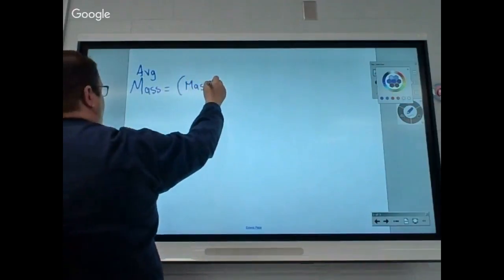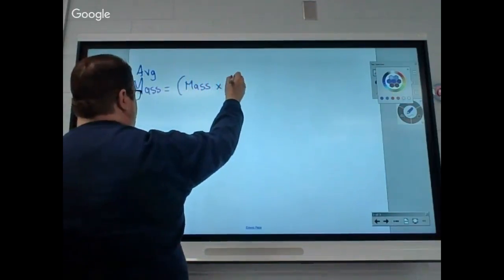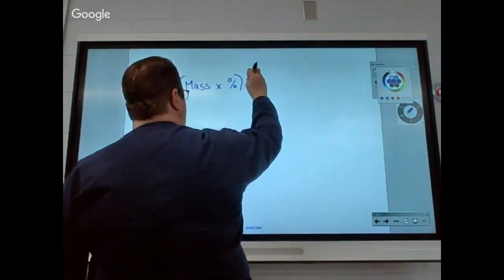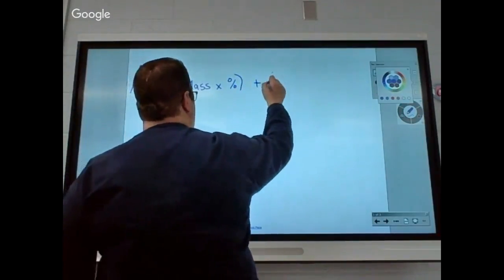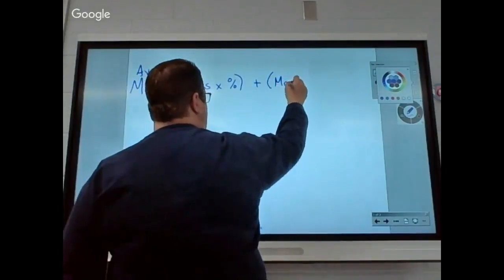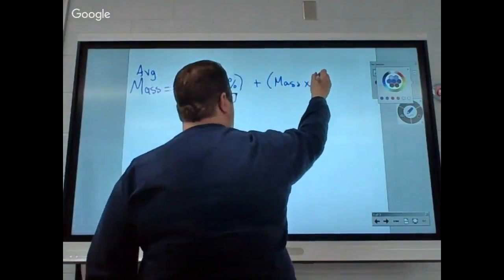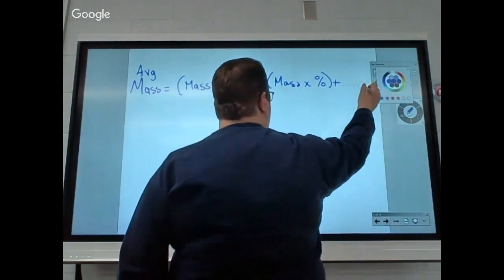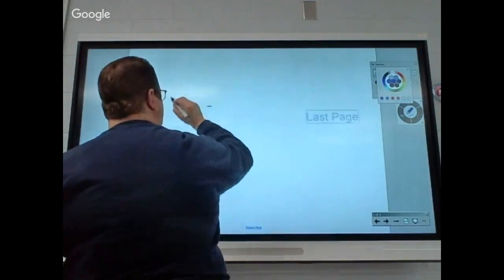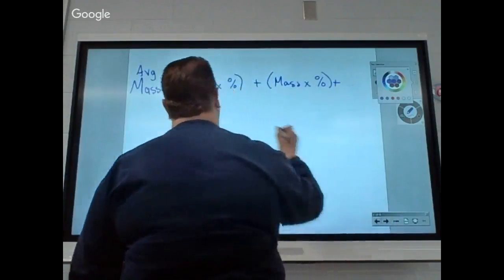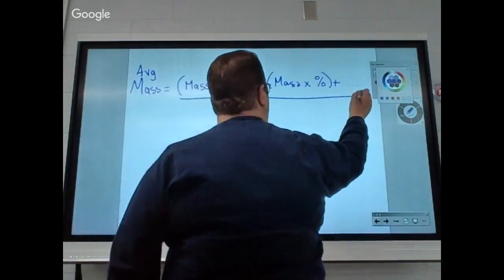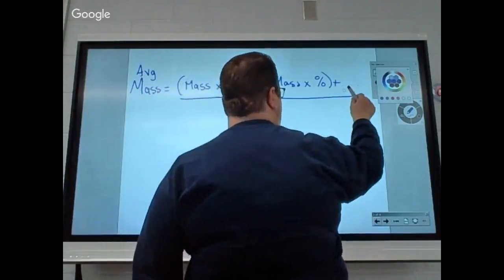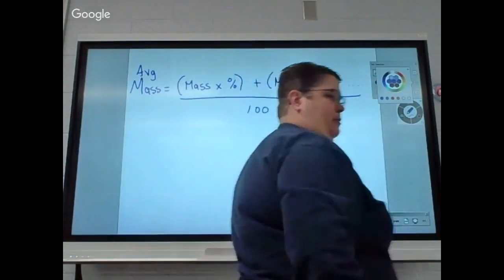Average mass is equal to mass times percent, plus, my plus a little bigger there, mass times percent, plus dot, dot, dot, divided by 100. Now, what do these dot, dot, dots mean right there?